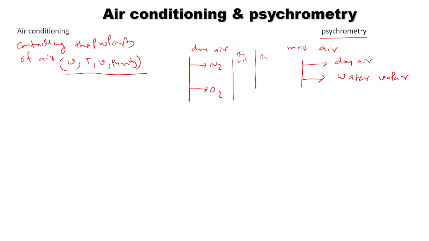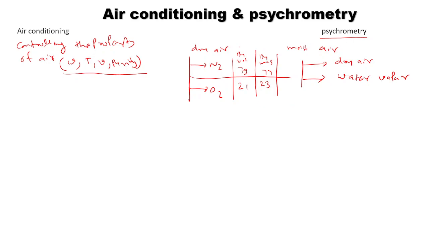By mass, both I will write. So first we will write by volume. It is 79% nitrogen and approximately 21% oxygen. And by mass, 77 this and 23 this. It's just for general.